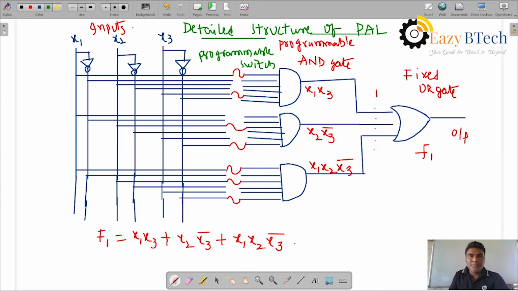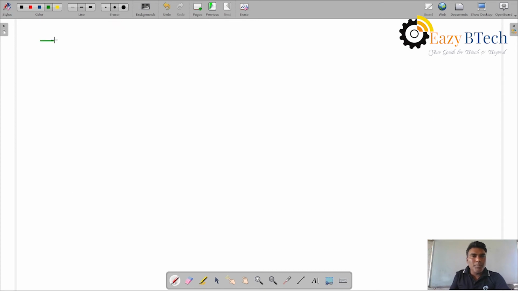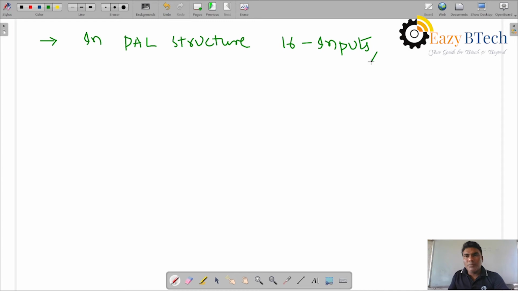Now in the PAL structure, 16 inputs are possible.